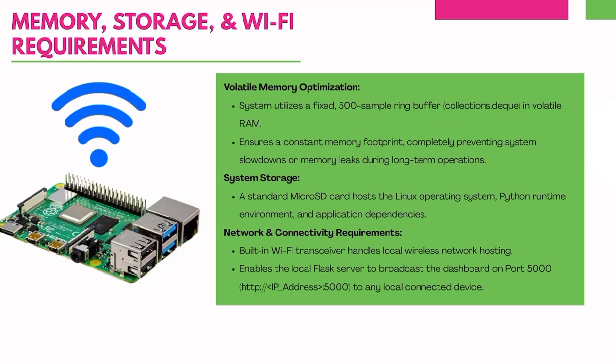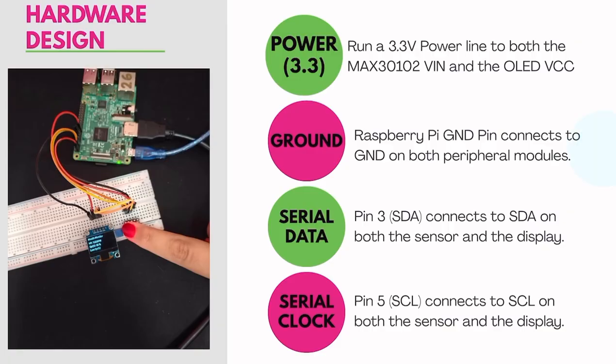A standard microSD card hosts the Linux operating system, Python environment, and application dependencies. Network and connectivity requirements. The built-in Wi-Fi transceiver handles local wireless network hosting, enabling the local Flask server to broadcast the dashboard on port 5000, HTTP IP address 5000, to any local connected devices.